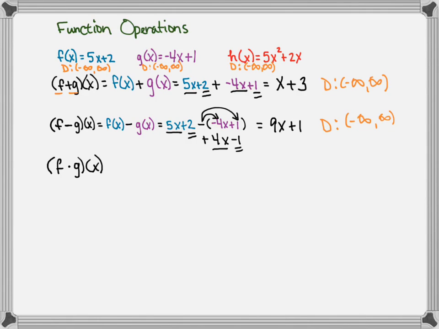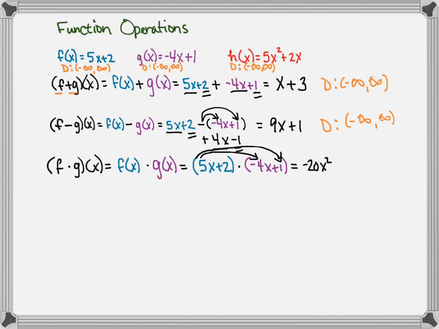Let's look at the product, f times g of x. This is the same as f of x times g of x. So f of x is 5x plus 2. G of x is negative 4x plus 1. We'll FOIL or distribute. So 5x times negative 4x is negative 20x squared. 5x times 1 is positive 5x, plus 2 times negative 4x, which is negative 8x.